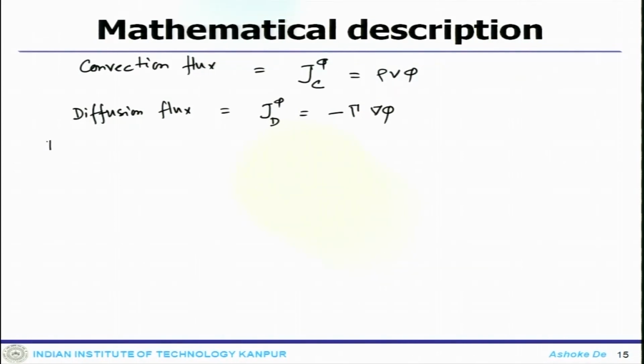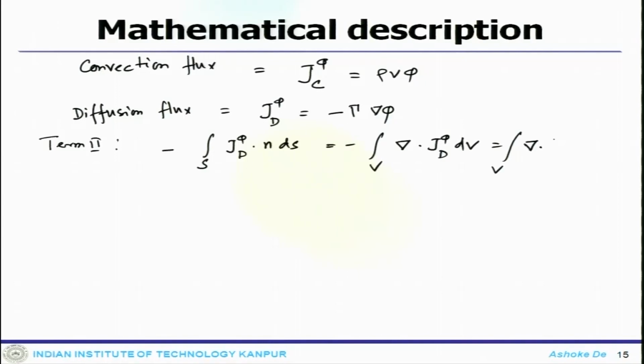So my term 2 becomes minus surface integral j phi dot dS, which is del dot j phi, the diffusion flux, dV, and if you write over volume it is del dot gamma del phi dV.